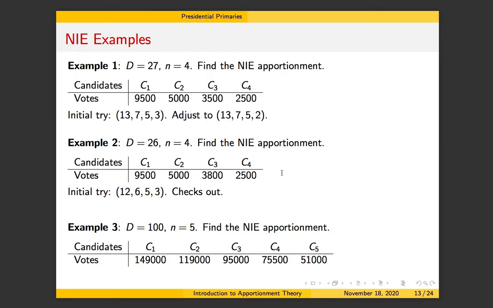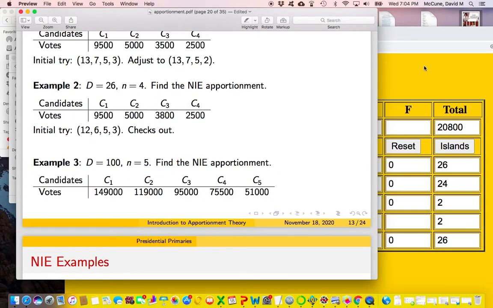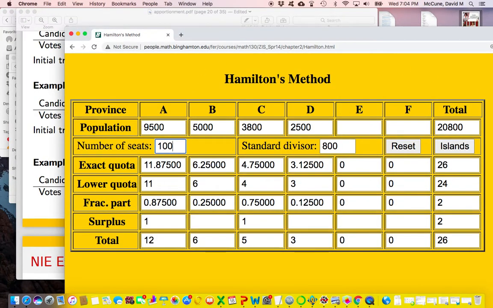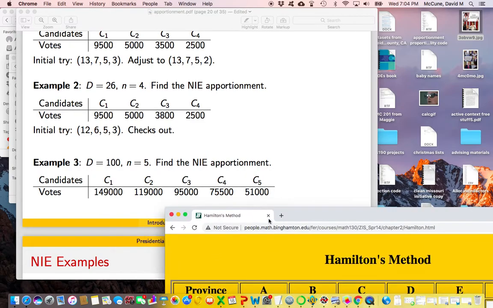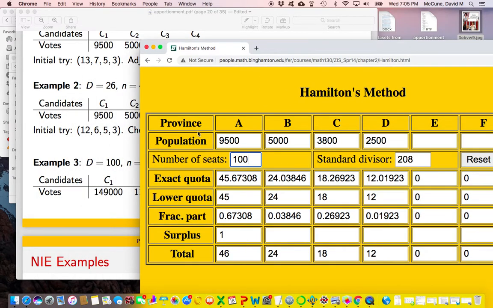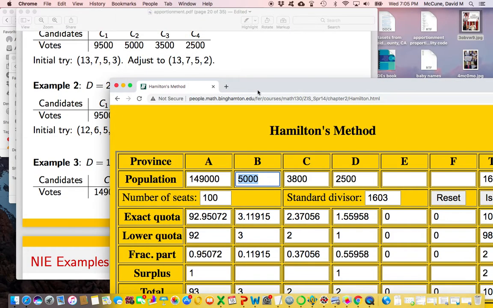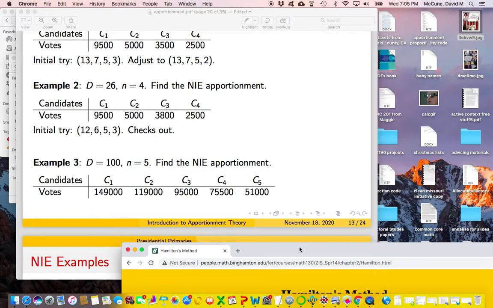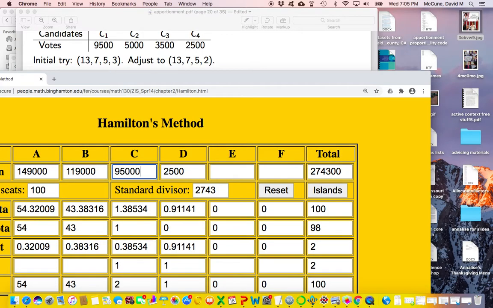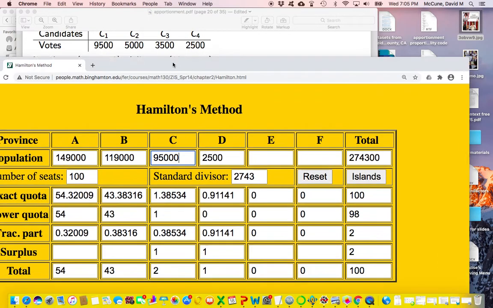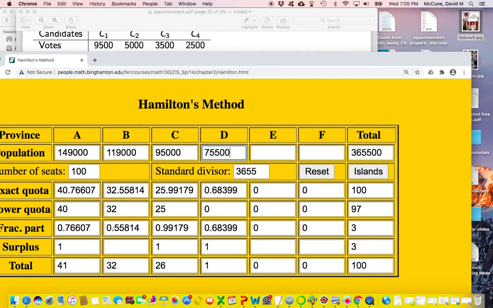Okay, so let's look at one last one here. So now there are 100 seats, so I better type that in first. And now I have all of these populations: 14900, 11900, 95,000, 75500.